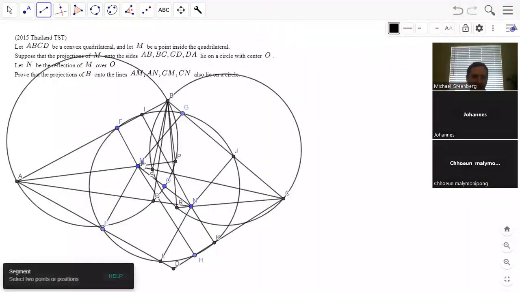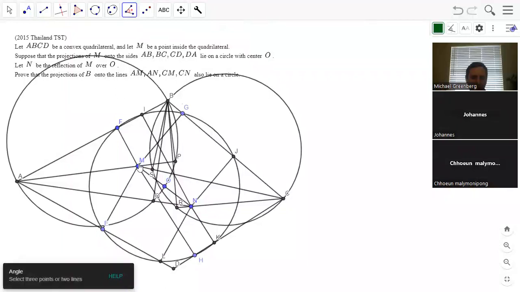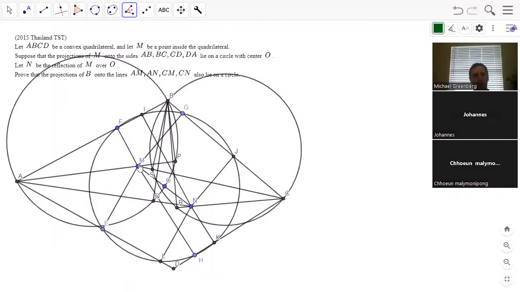We want to show that AMD is CMB, I think. Or ADM is CDB. No, we don't know that. That's not true. I think we want to show that MD and MB are orthogonal with respect to AMC.